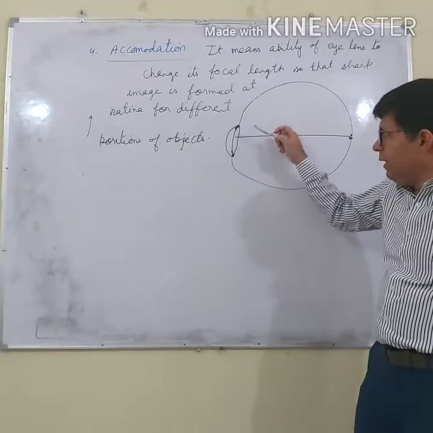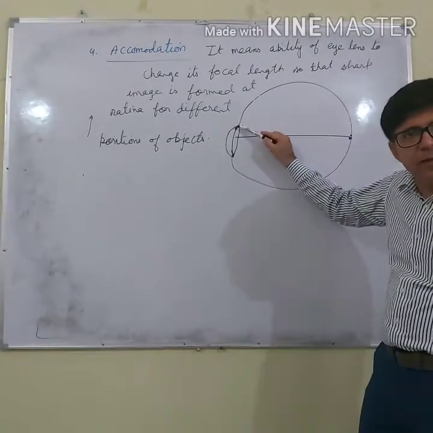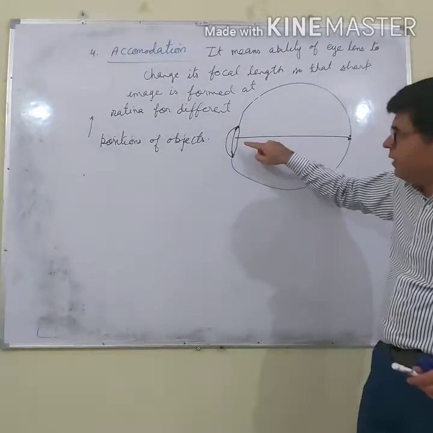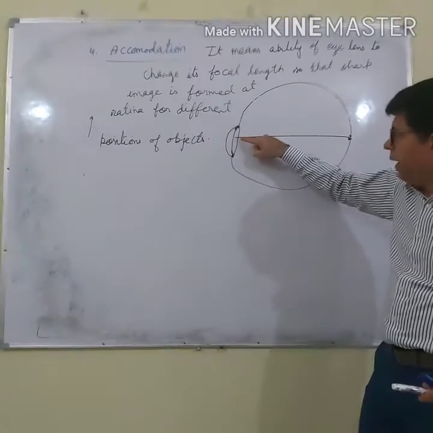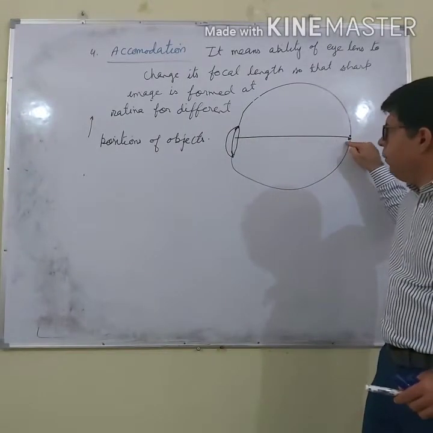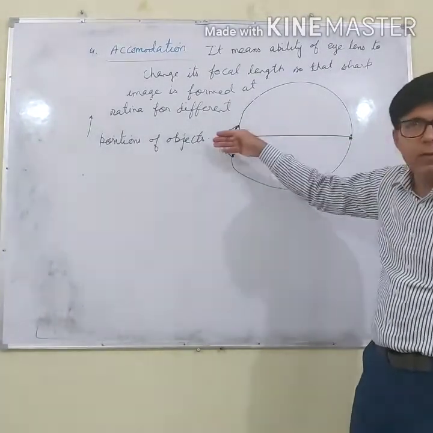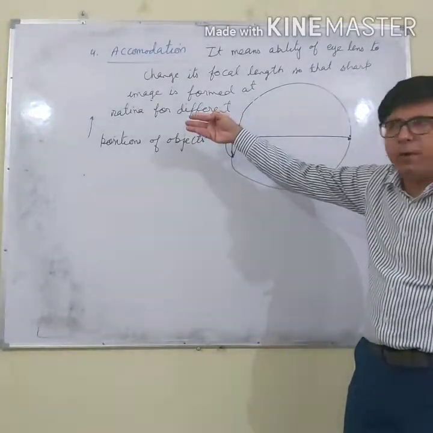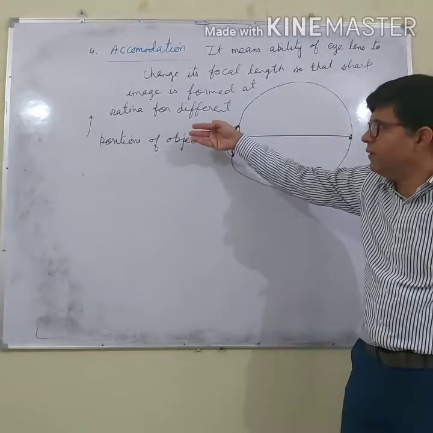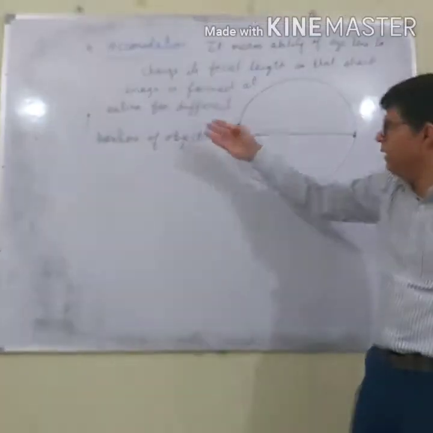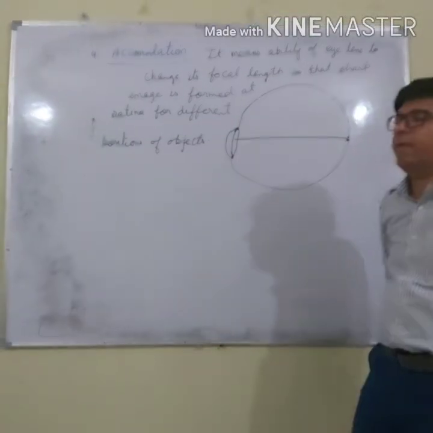So I'm repeating again: when the ciliary muscles are relaxed, the lens becomes thin and its focal length is more, so we can see far away objects clearly and their image is formed at the retina.